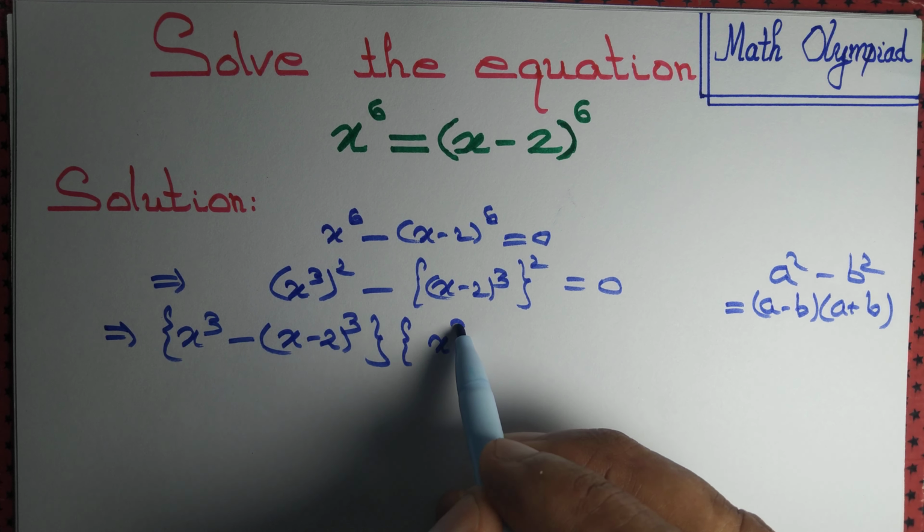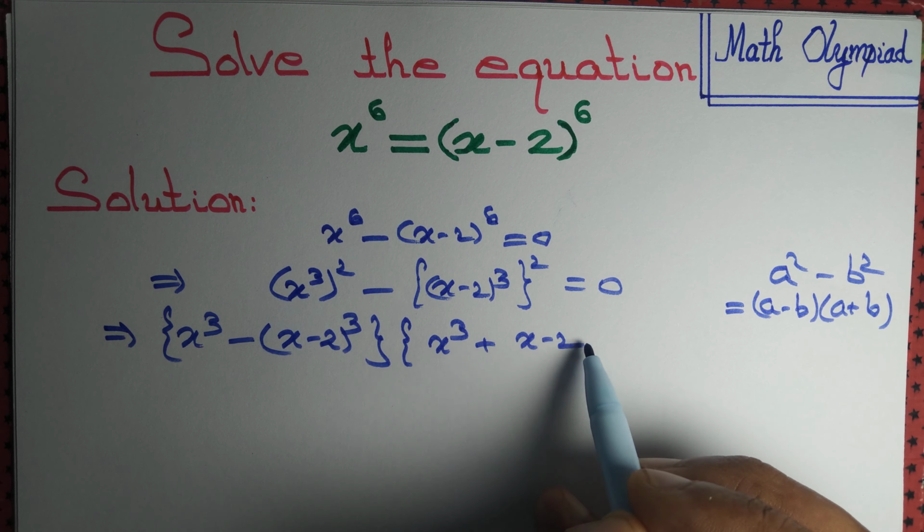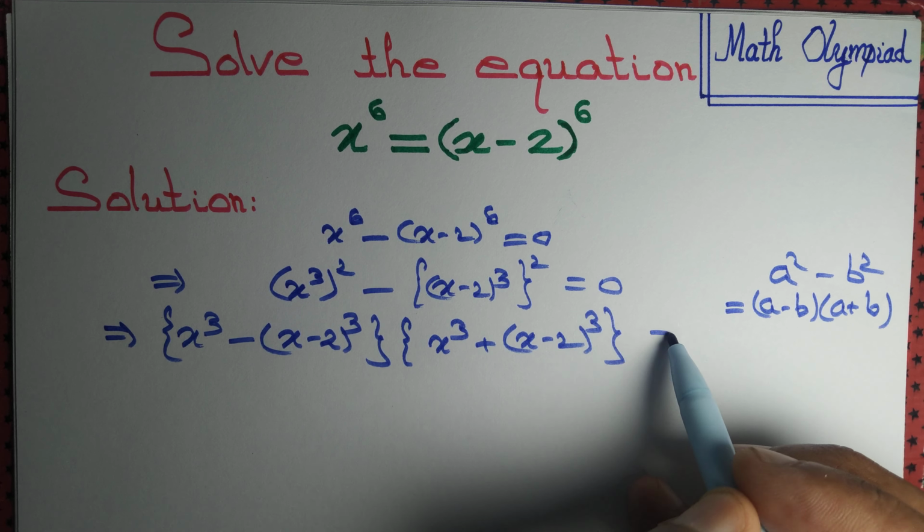Let's do the same thing here. So (x cube minus (x minus 2) cube) into (x cube plus (x minus 2) cube) equal to 0.